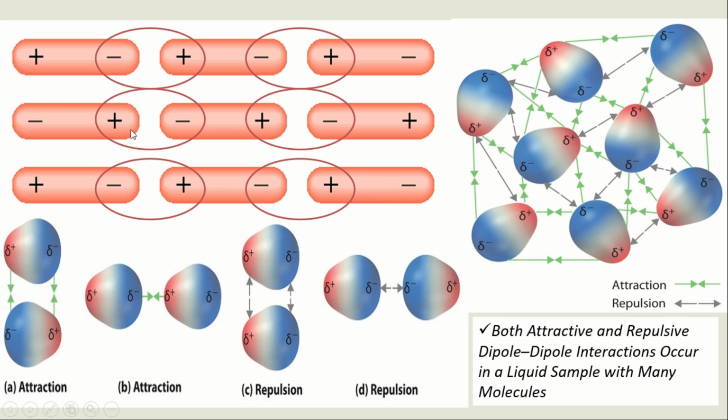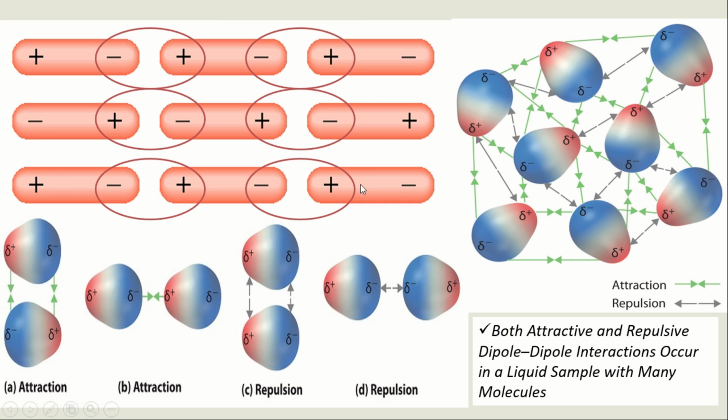So this is the illustration of how our molecules interact with each other. All the molecules here are polar and they are interacting with each other. So both attractive and repulsive interactions are present. We have a part where they will attract each other, and both attractive and repulsive dipole-dipole interactions occur in a liquid sample with many molecules like this.